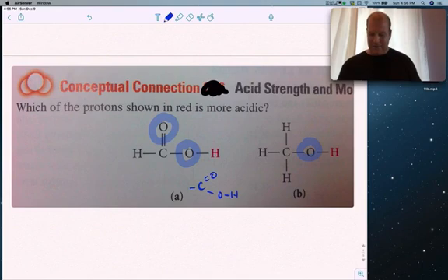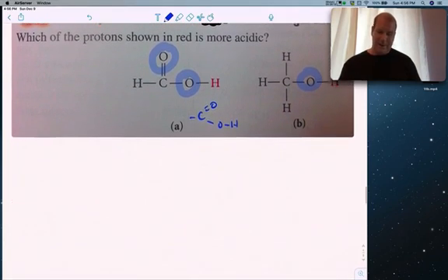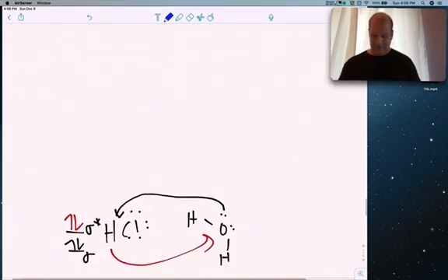A is known as formic acid, and B is methanol, an alcohol. Alcohols do have acidic hydrogens, but water is more acidic than an alcohol. But a carboxylic acid is more acidic than water. So if you throw it in water, it's going to be an Arrhenius acid or a Bronsted-Lowry acid.